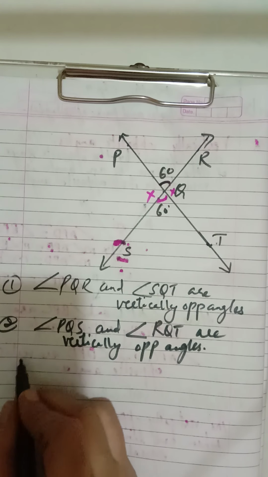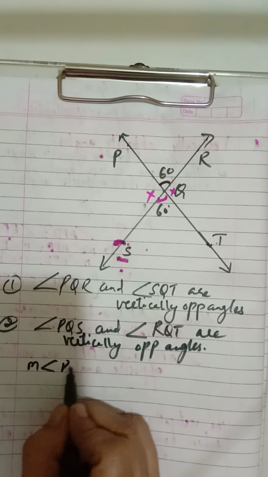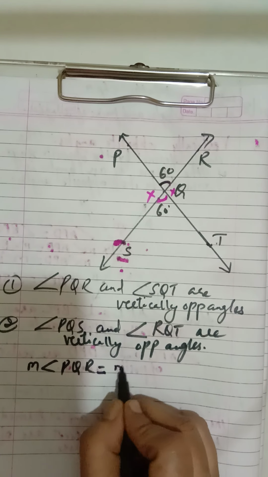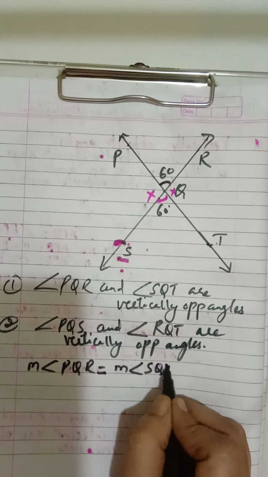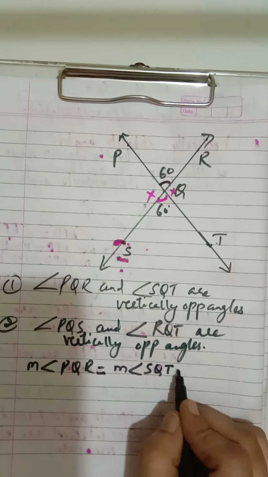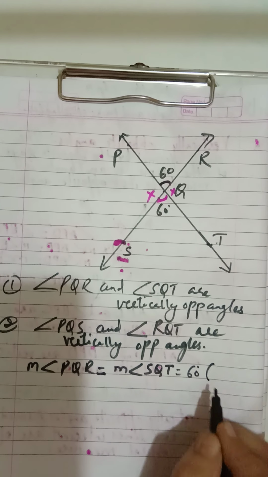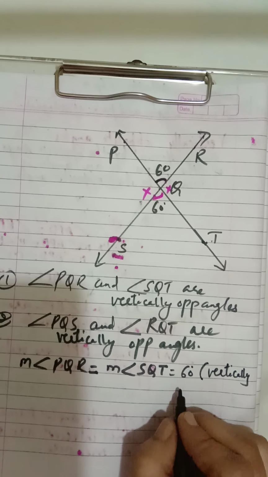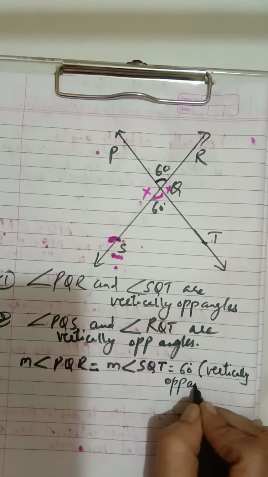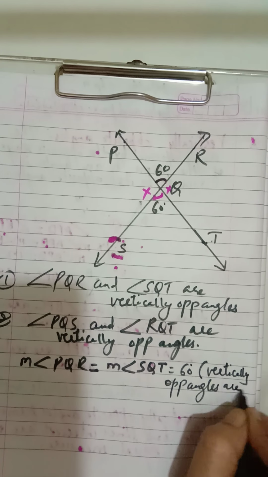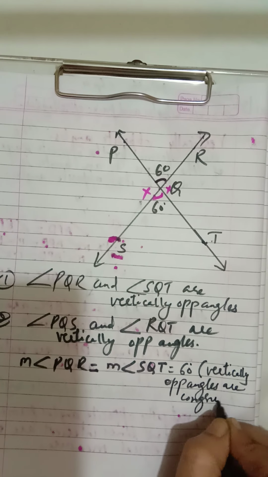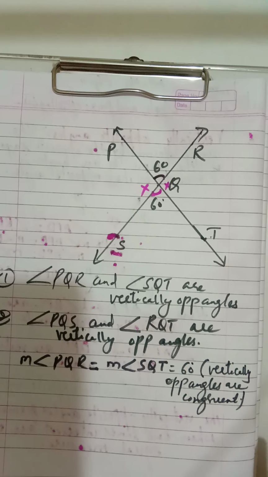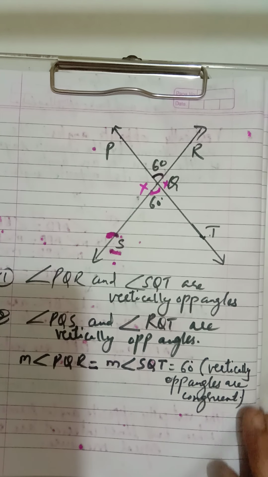So I will write that measure of angle PQR is equal to measure of angle SQT, and that is equal to 60 degrees. Why? Because vertically opposite angles are congruent. You have to write this reason in the bracket.